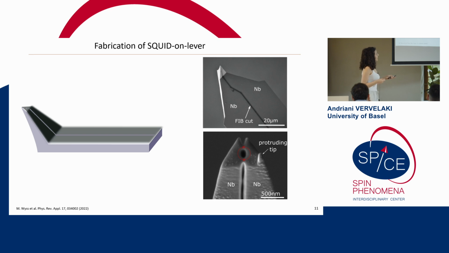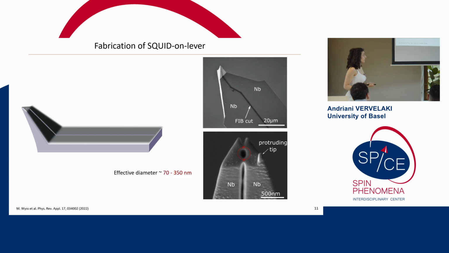So we can see that this trench here separates two superconducting leads, and here we can see the SQUID loop and the two Josephson junctions, I don't know if you can see them very well, that are created because of narrow constrictions.